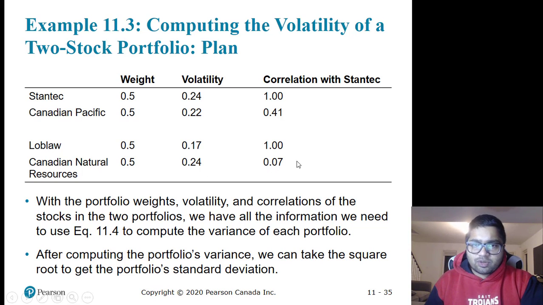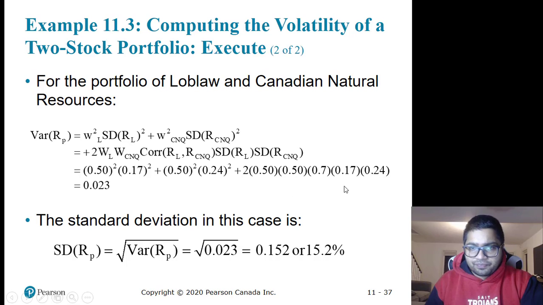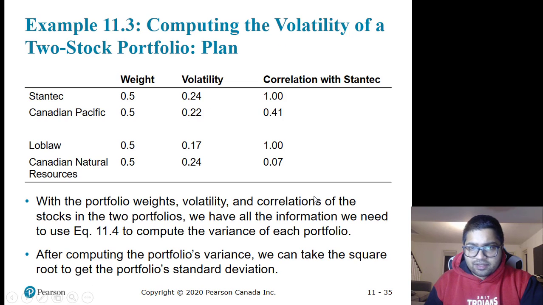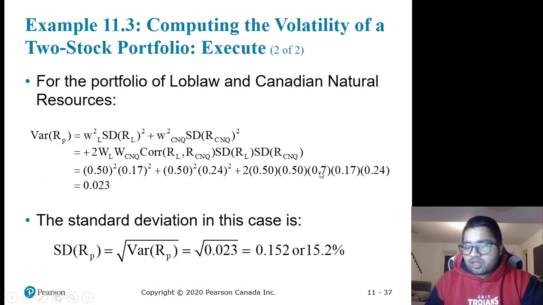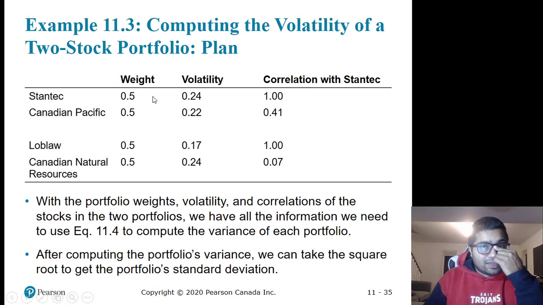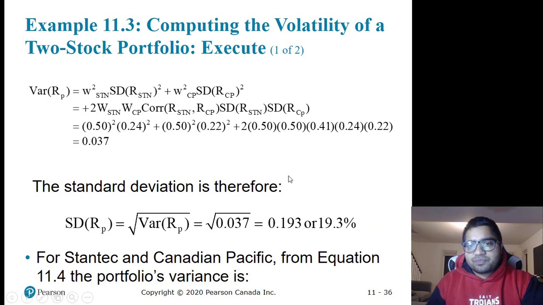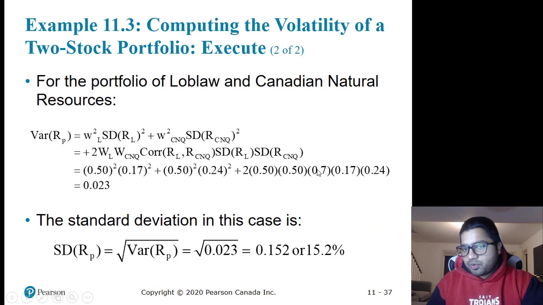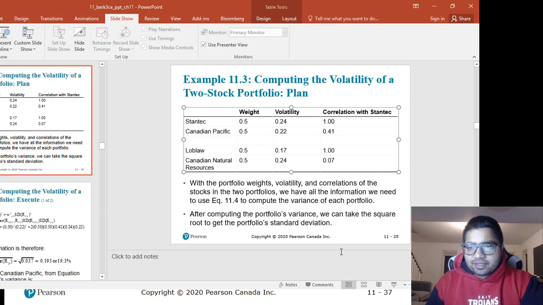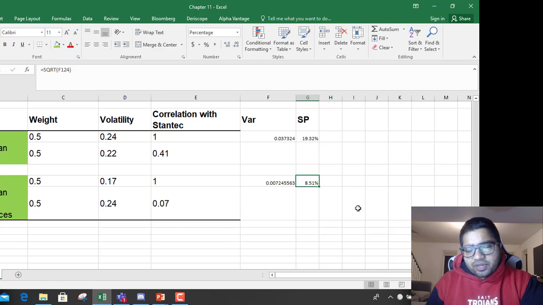The correlation is 0.07, but they have taken 0.7, that is 70%. So that will change the answer dramatically, but in the table they have given 0.07. So we have taken the right one. It should be 0.07, so it's not 15.2. It is what we found out, 8.51.